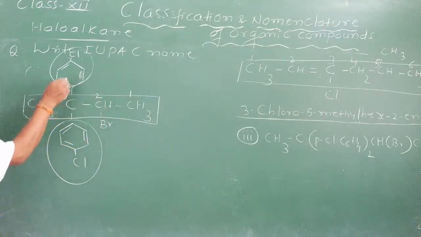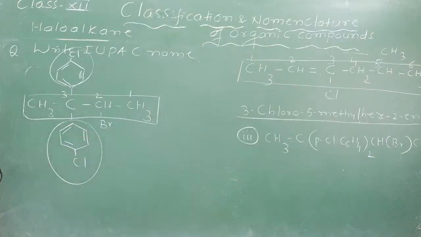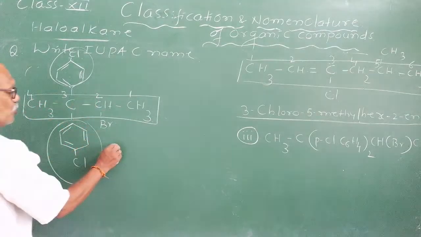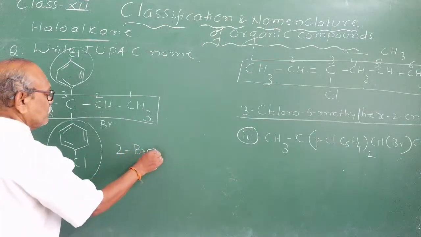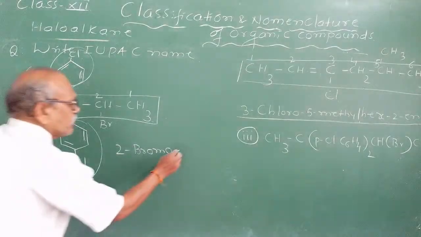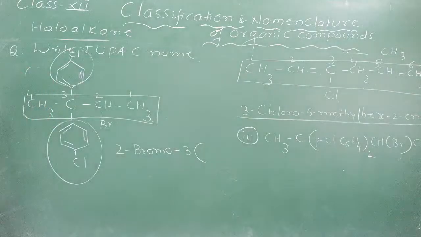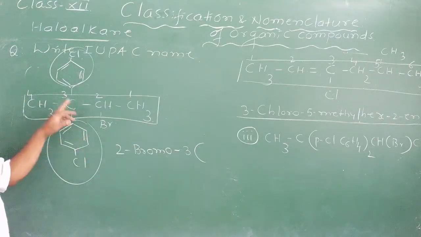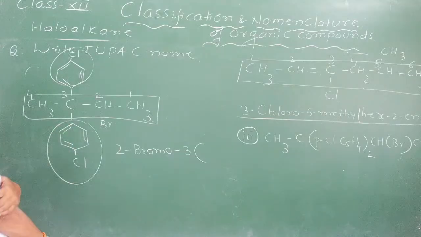From right to left: phenyl, chloro, bromo comes first. 4. What is the final IUPAC name? The root word is no problem. Butane. Prefix is 2-bromo, hyphen. To the third carbon atom you have to write in the bracket, 3-3. Isn't it? To the third carbon atom, you are linked with what?